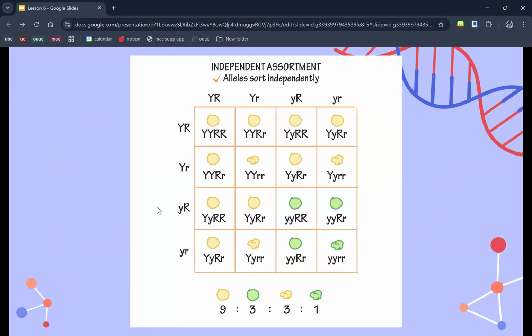If we are crossing a plant that is heterozygous for both seed shape and color, this is how we would write it out as our Punnett square, because any of these possibilities are possible and they're independent from each other. So having a round seed doesn't have anything to do with being yellow, and having a green seed has nothing to do with being wrinkled. So a lot of possibilities to consider. This is a pretty complex Punnett square.